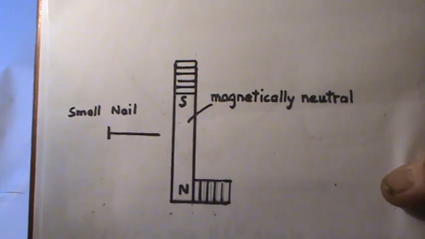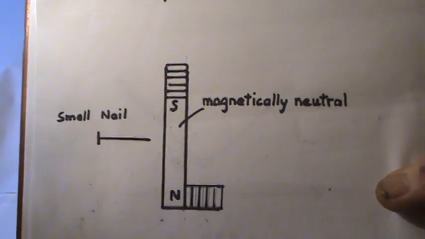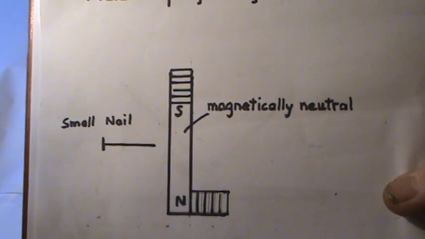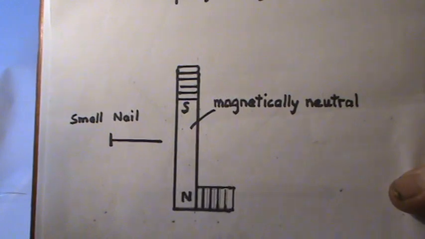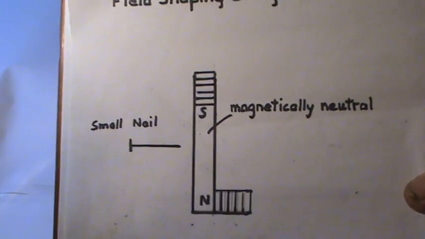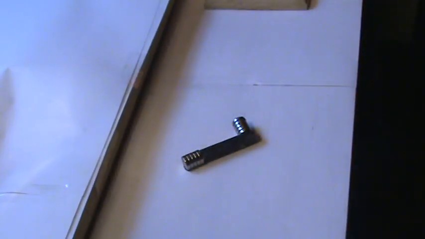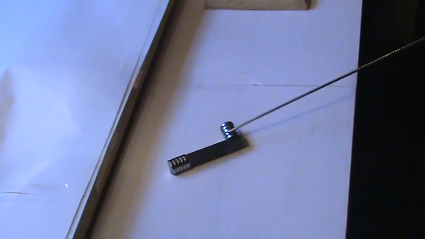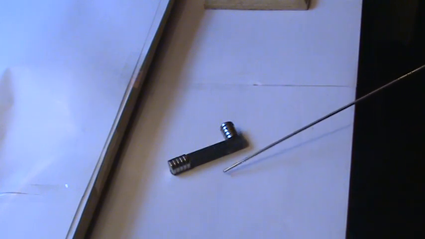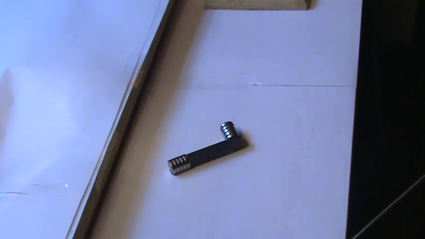The first principle I'd like to cover is neutralization. This is part of the field shaping techniques that I've developed. I have the setup. This is the entrance of the device that we were working with, and this is a pack of 5 magnets, and this is 5 magnets. This is just for illustration purposes.